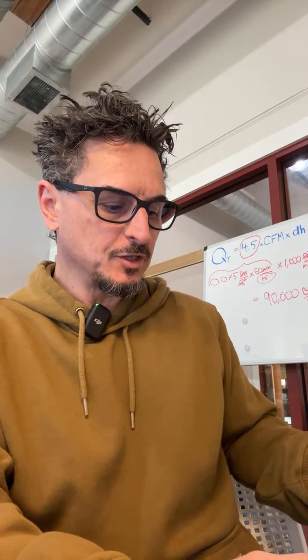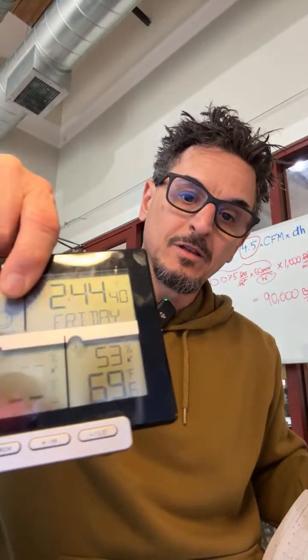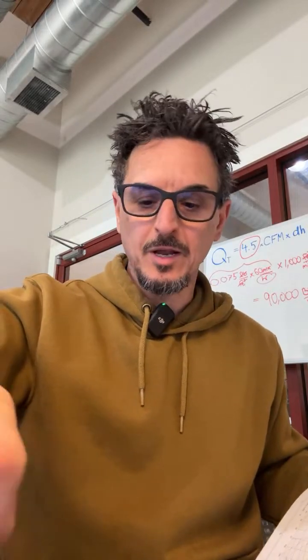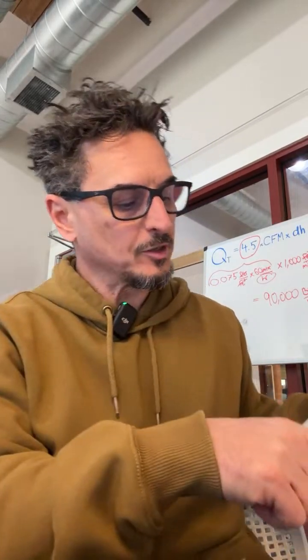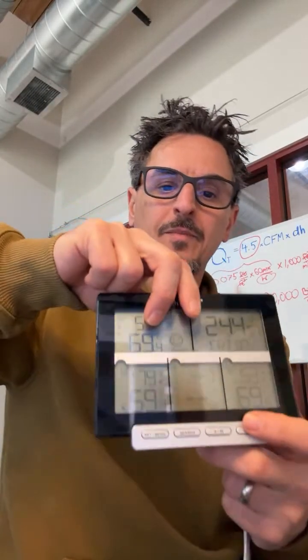I'd say 52 dew point according to the psychrometric chart. This is not an extremely accurate temperature reading, but for the points of this argument, 52 dew point.